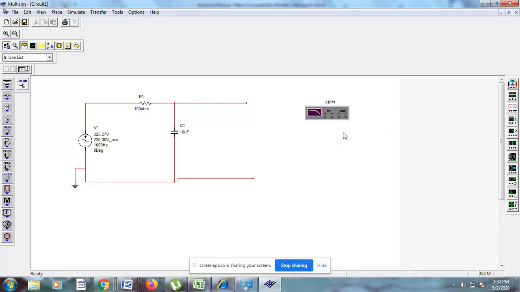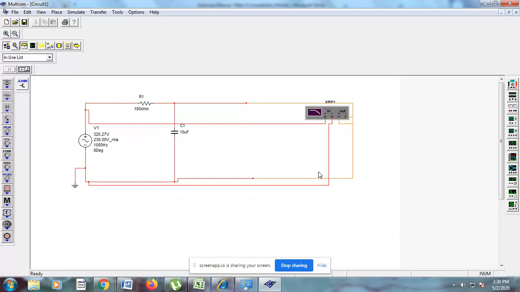Here there are 4 terminals, 2 are input terminals and the other 2 are output terminals. First we connect the input terminal to the circuit. After that we connect the output terminal to the circuit. Okay. Now the circuit is complete and it is a low pass filter circuit.